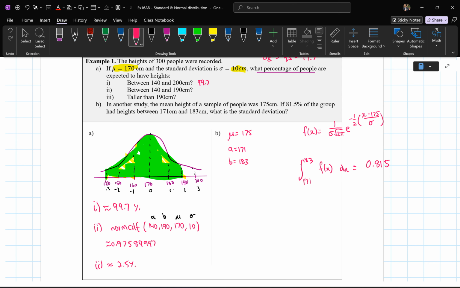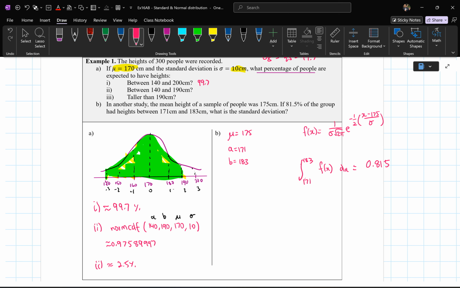Who has an attempt? What attempt would you do? If they give you the area, which is the probability, and they give you the intervals, what are you missing? The standard deviation. I just did trial and error for each, looking at different chunks.